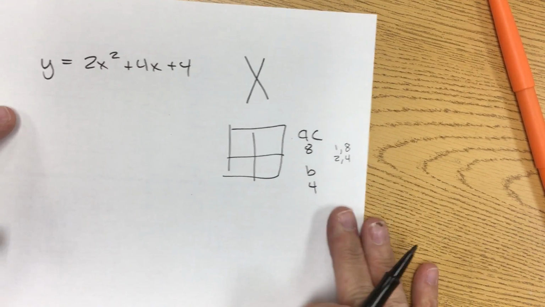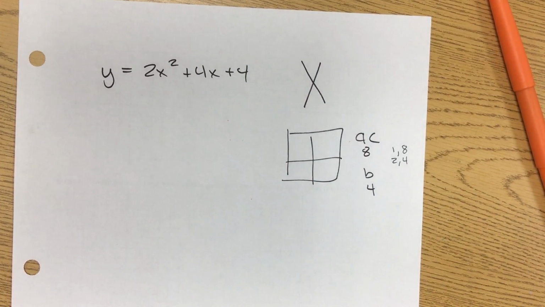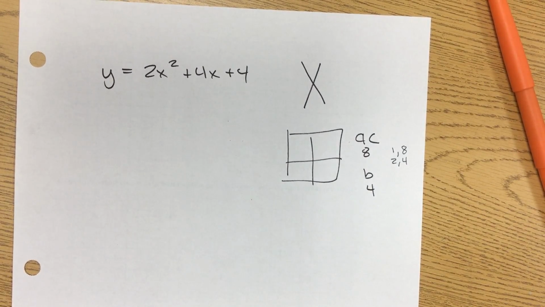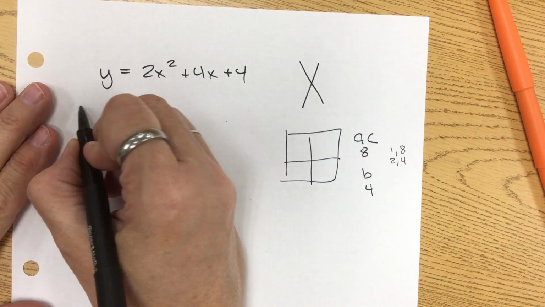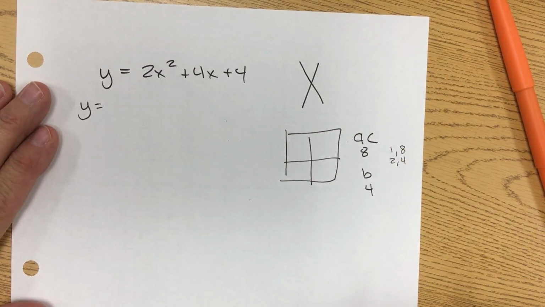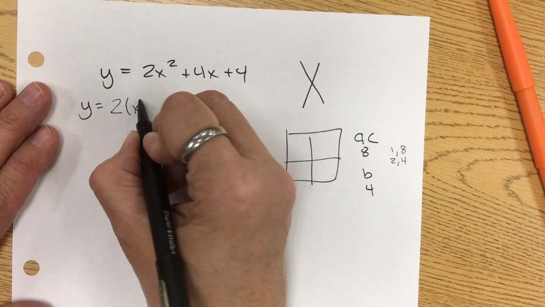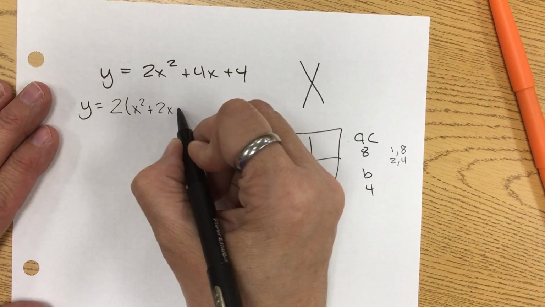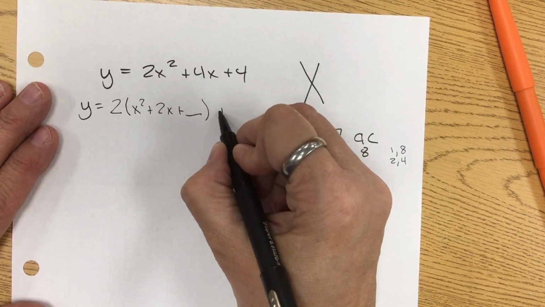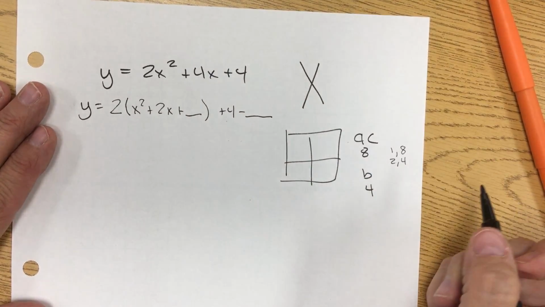No. So how are we going to figure this out? Well, the easiest way is to do what we just did in lesson 23. Take out the 2, and I get x squared plus 2x plus blank plus 4 minus blank.